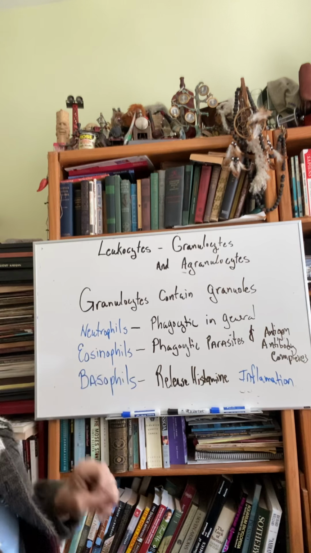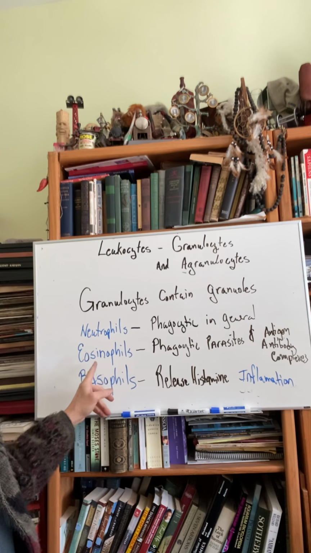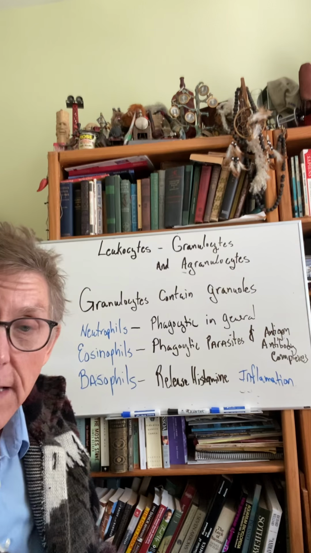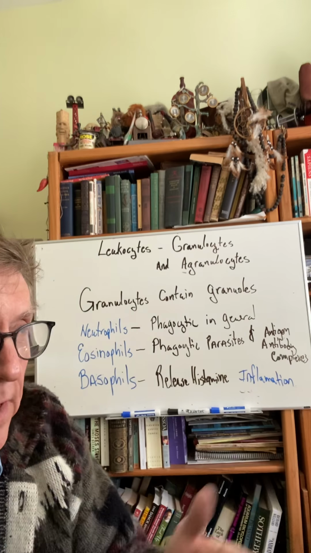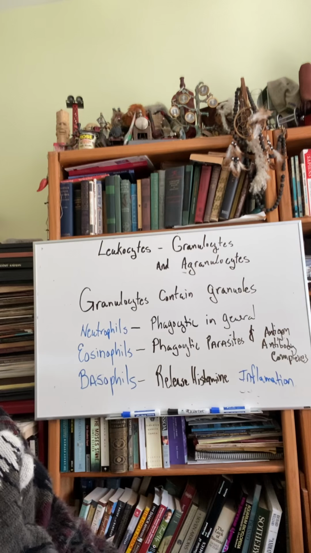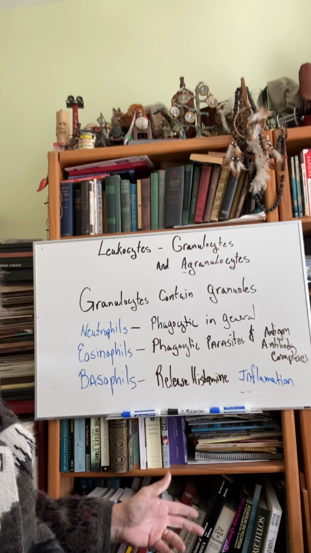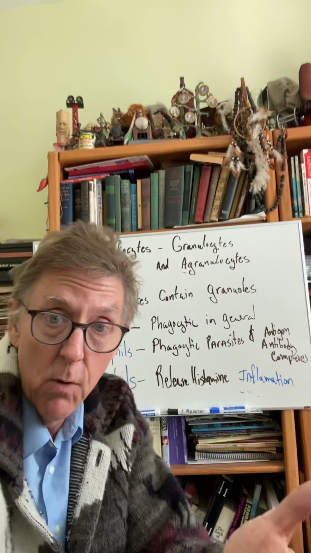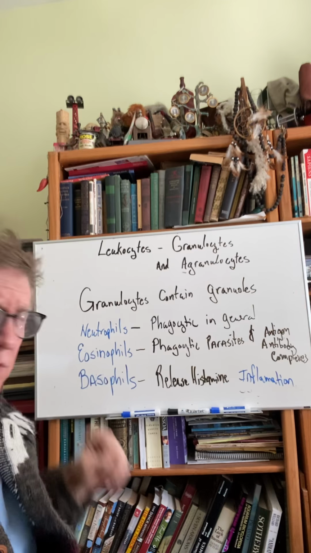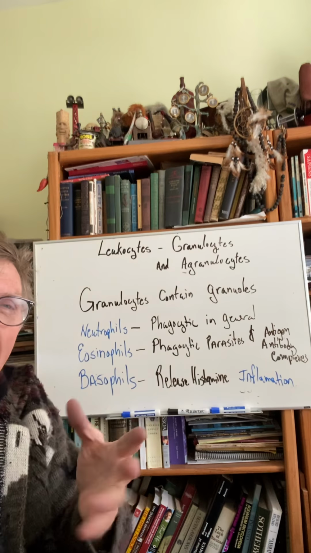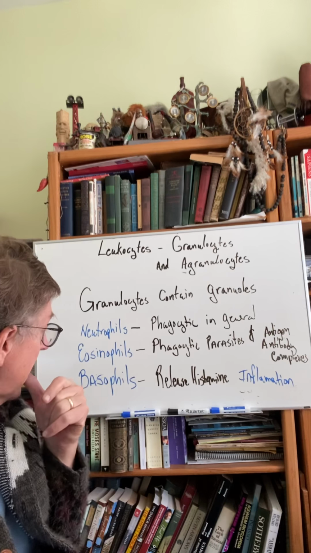The next of these is going to be something called an eosinophil. Early on, when they started looking at these different white blood cells, they would stain them and say, wow, look at these, they're a little bit different color. So you could distinguish them by their color because they stained differently.